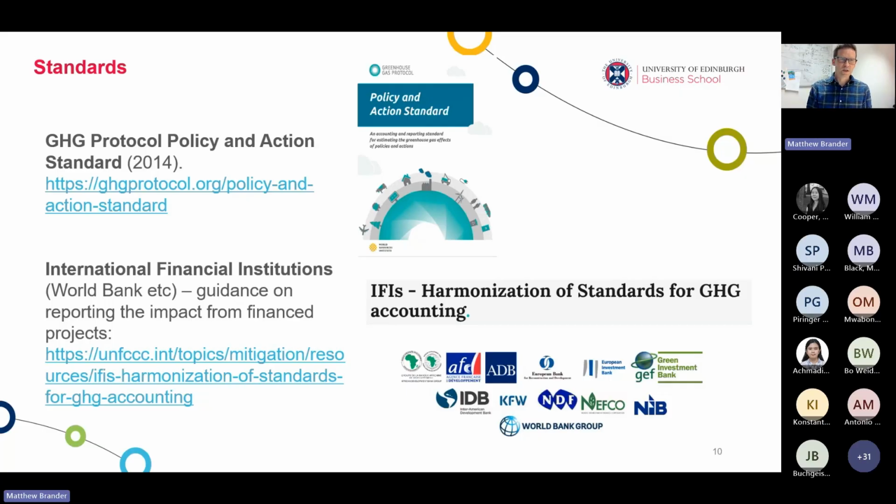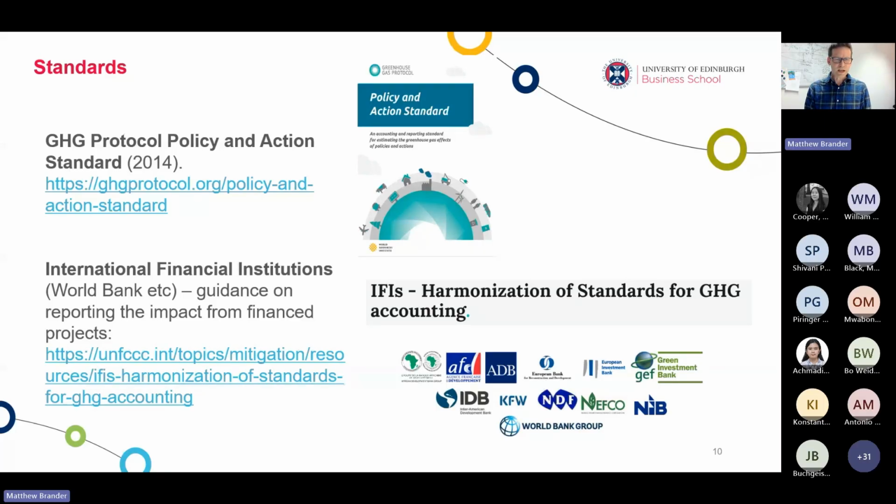The GHG Protocol also has its Policy and Action Standard from 2014. This really is very much the same structure of method, but intended for application to policy level interventions, so larger scale interventions than at the project level.